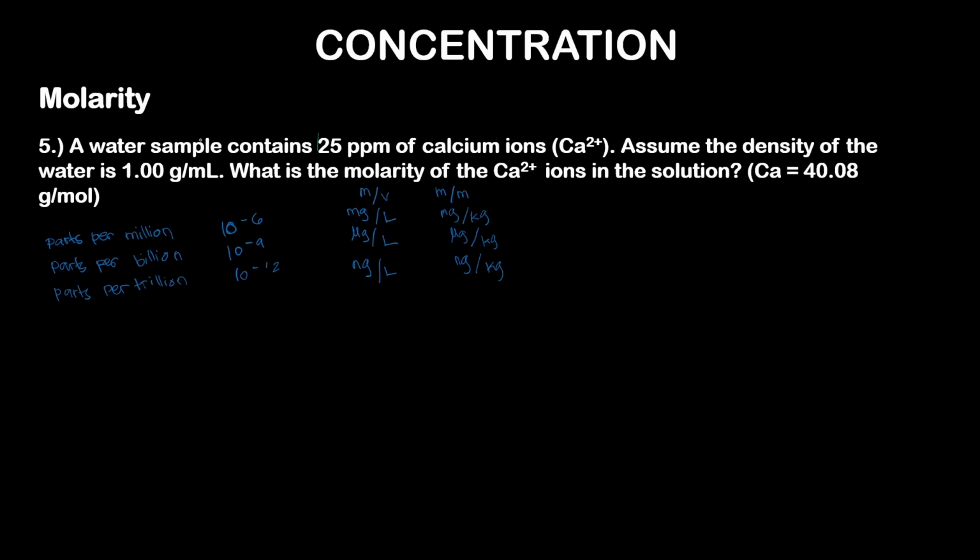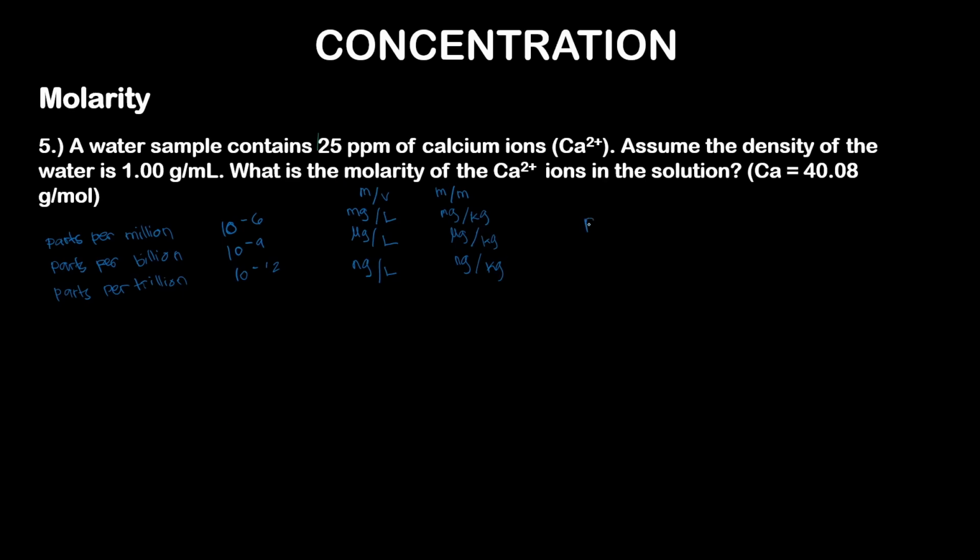So in the problem, it says a water sample contains 25 ppm of calcium ions. Assume the density of water is 1 gram per ml. What is the molarity of the calcium 2 plus ions in the solution? So given this, we are asked to get the molarity.